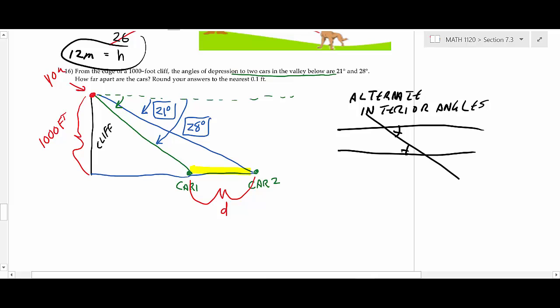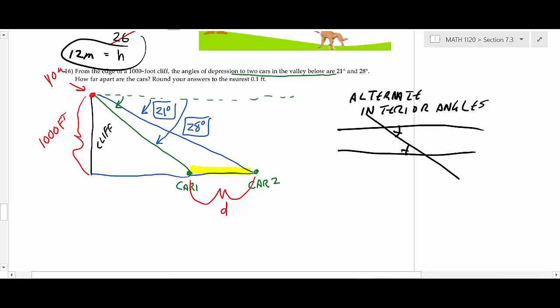You can tell by looking that they're the same. So we call that an alternate interior angle. So if you look at this, notice that if this angle's 21, so is that. This line and that line are parallel, so if that's 21, that is too. If this whole thing is 28, then you should be able to figure out what that angle is. So you have to figure out angles on this.